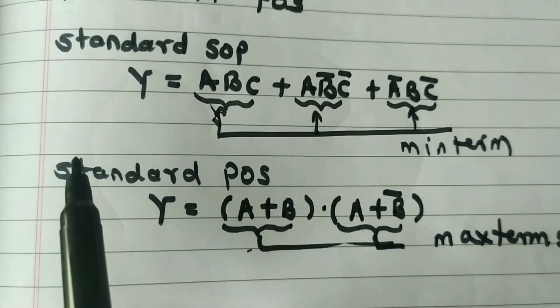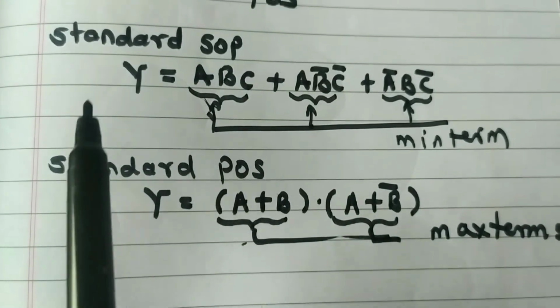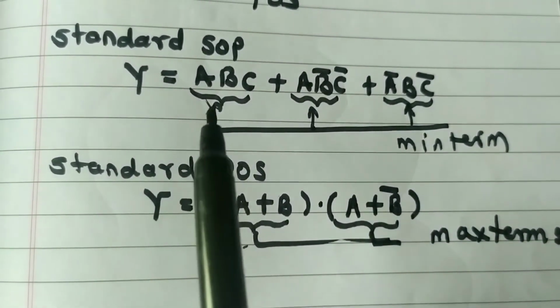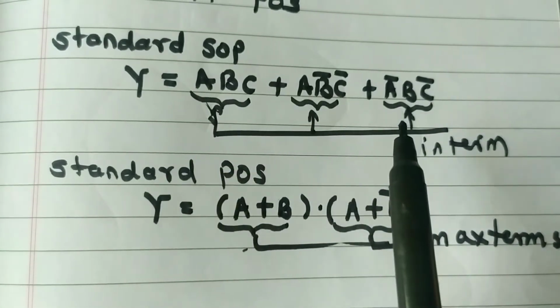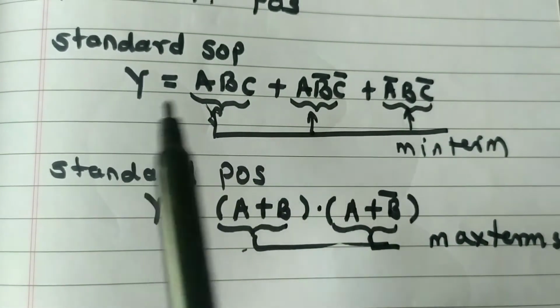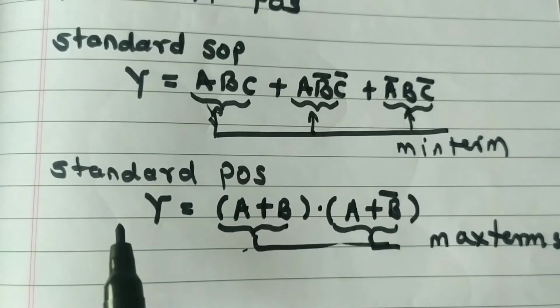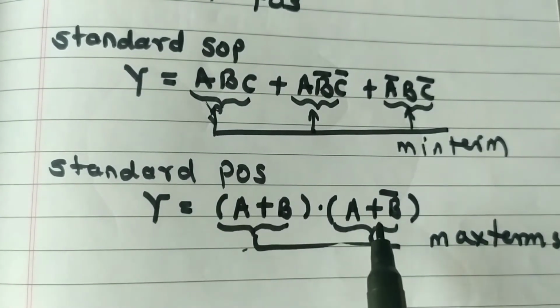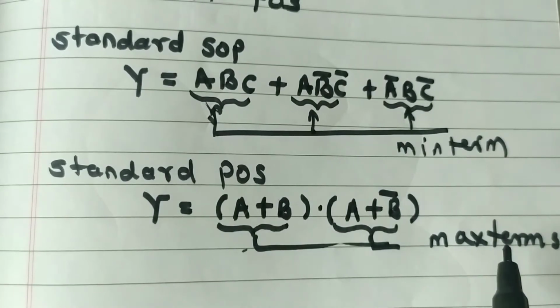Okay, so in the standard SOP equation, each product term is called a minterm, whereas in the standard POS equation, each sum term represents a maxterm.